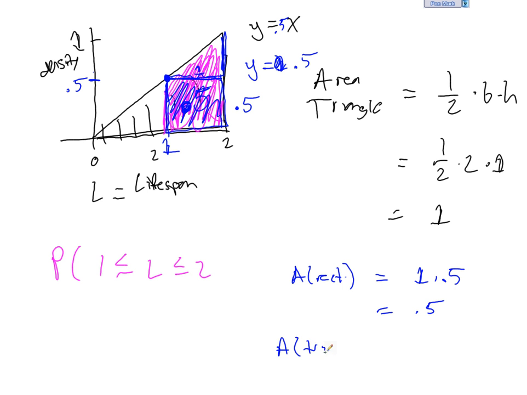The area of a triangle is 1/2 base, which is 1, times the height, which is 0.5, and half of a half is a quarter. So the sum of these two areas is 1/2 plus 1/4, giving me a total area of 0.75. So there's a 75% chance that the lifespan would be between 1 and 2 units of time.